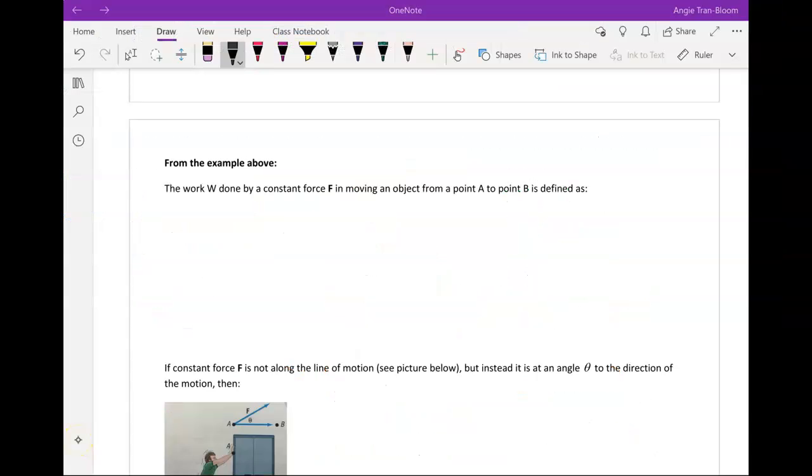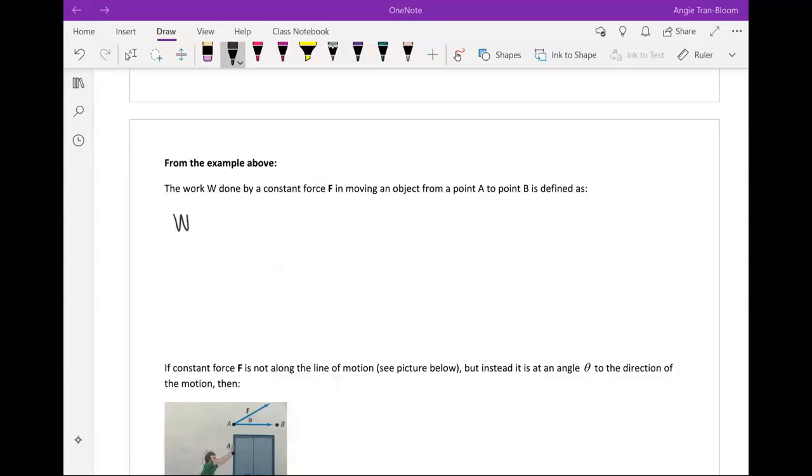Hey guys, this is the last example in chapter 9. Yay! Okay, so before we go and complete example 4, let's define two vocabulary or formula really quickly. The first formula is the work done by a constant force F in moving an object from point A to point B. So this is just really moving it horizontally, without any angles at all.